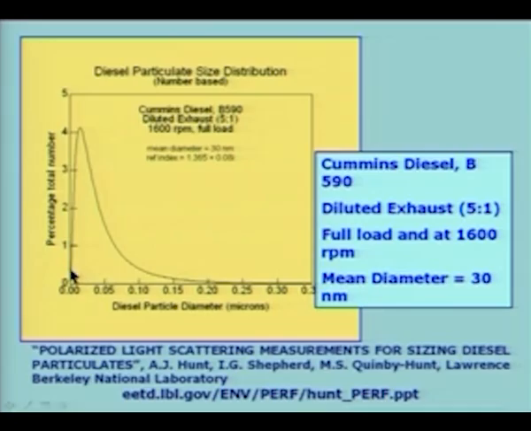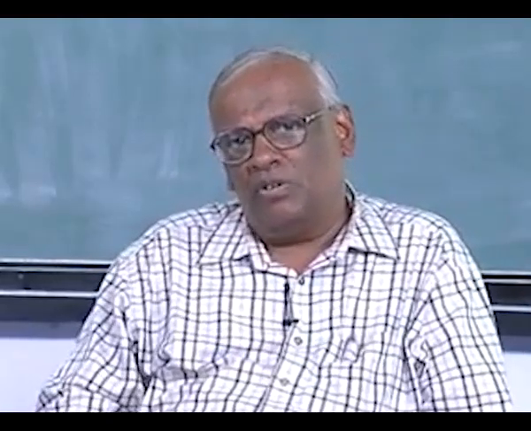You can see that the maximum concentration occurs somewhere close to this value 30, maybe a little smaller, and the really large particles are very small in number. Most of the particles are within 0.2 to 0.25 micrometers in size. This gives us an idea of what we are talking about when we want to monitor the amount of smoke in the tailpipe of an automobile: particles of such diameter and such distribution.